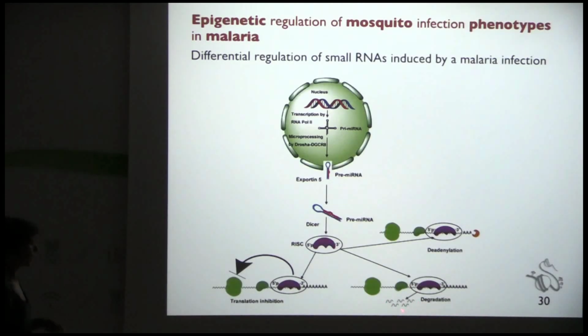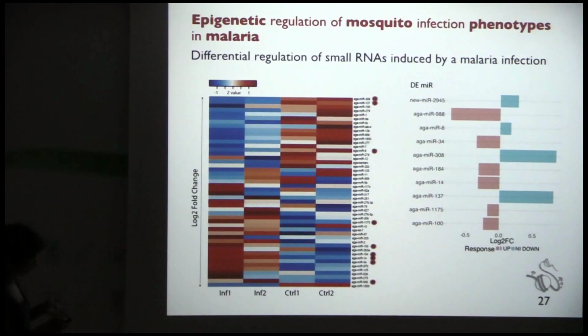So in the case of the mosquito, what we see is that a number of these microRNAs that have been previously described for Anopheles gambiae are differentially regulated, that is, they are different between infected and control. Infected is red, control is blue. And this is the same rationale that I explained before for the other heat map.